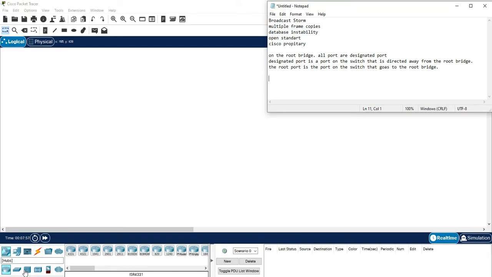The second is to determine the root bridge. The switch with the lowest bridge ID will be the root bridge. Bridge ID is the priority plus the MAC address.